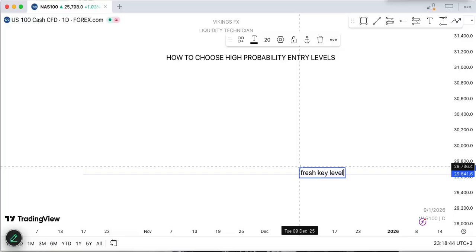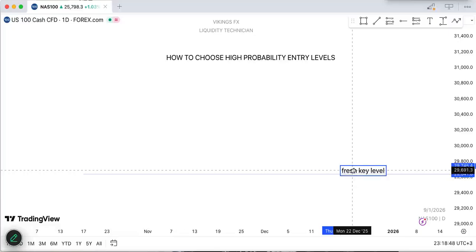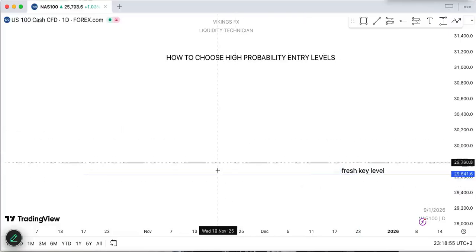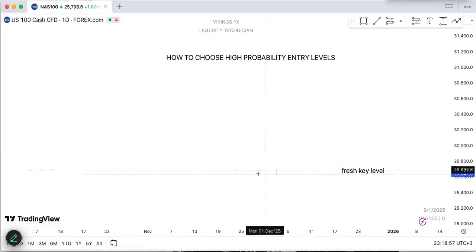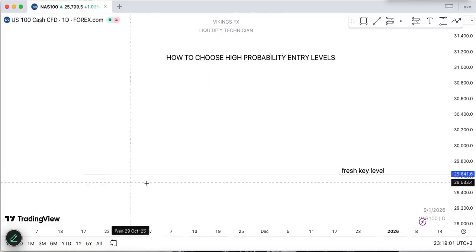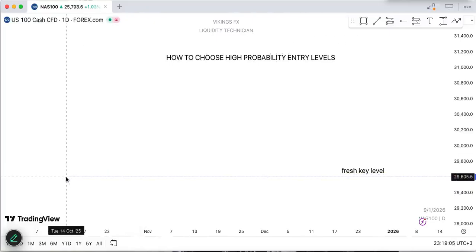We look for our key levels on higher time frames in order to have that strong direction. For example, we can have a monthly key level, a daily key level or a weekly key level, but as long as it is a higher time frame key level, it has to be fresh.